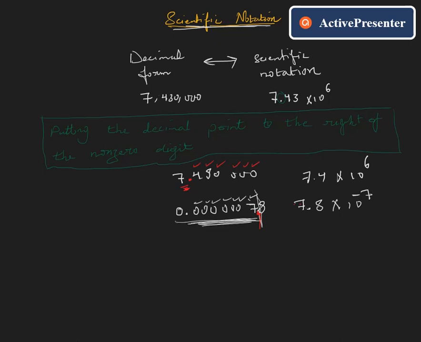Another example, if I tell you to transform to the scientific notation this number, 3.5 multiplied in 10 to the power 5. This is the scientific notation already. There is a number, after it there is a decimal point, then what is left multiplied 10 to the power 5. This is the scientific notation.